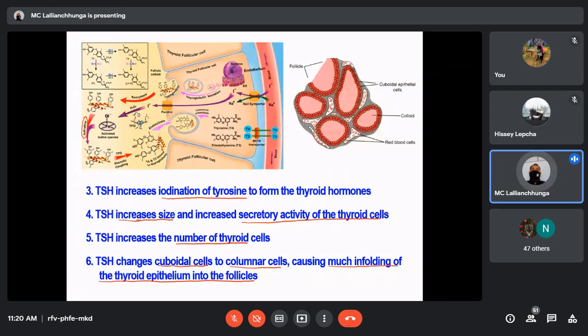When we discuss TSH, I just told you that it stimulates the thyroid gland for the synthesis of T3 and T4 and their secretion. But now you know how this is done. There are so many steps which are influenced by the TSH.